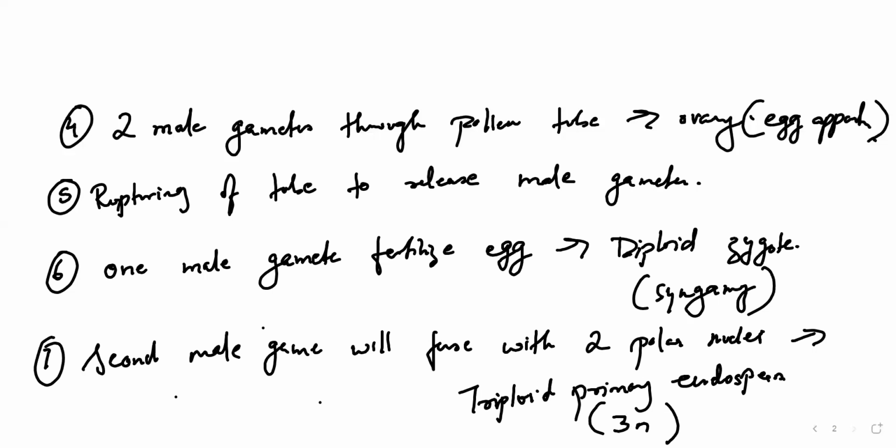So see, I told you the fertilization which takes place here is double fertilization. Why is it called double fertilization? Because two male gametes are there, and two times fusing happens over here. Plus it's called triple fusion. So the entire name of this process is double fertilization, triple fusion.